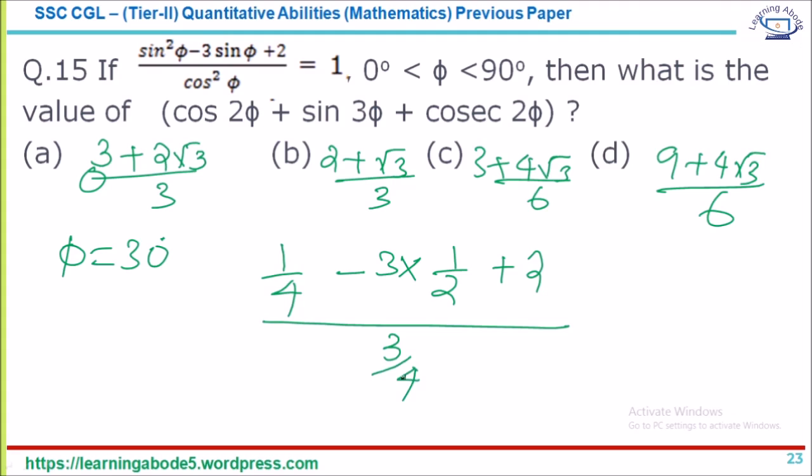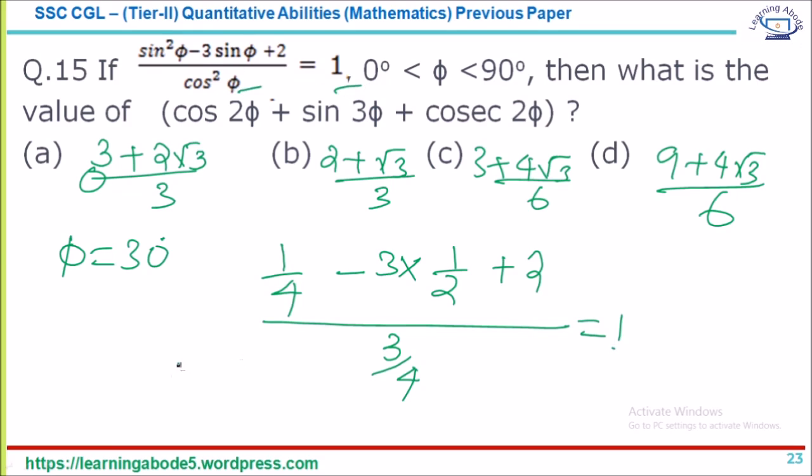So this is 3 by 4. Now this whole thing is equal to 1. So if we substitute 30, 30 is a possible value, right? So what is given here and here, we have matched.